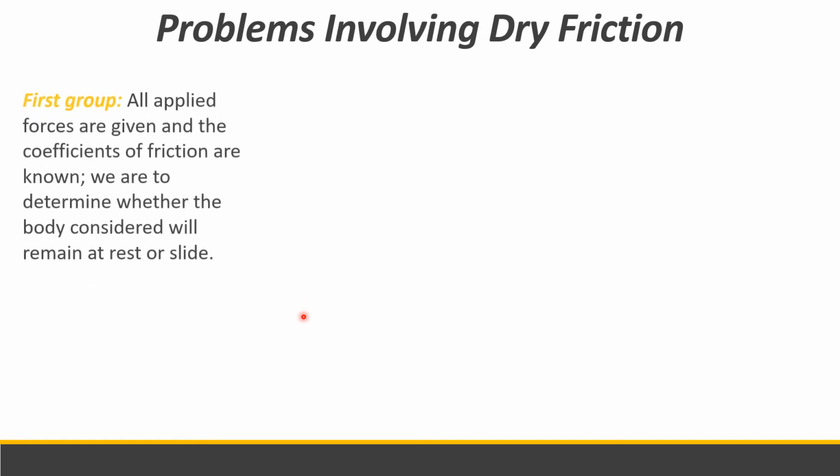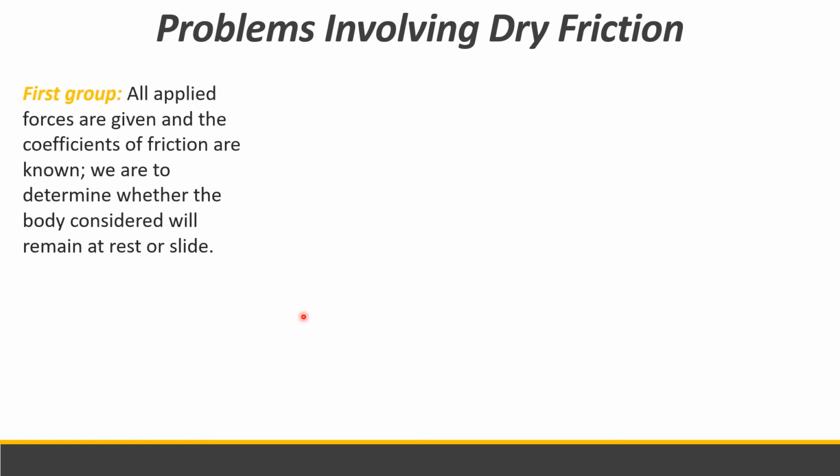Okay, so for problems involving dry friction, we have three groups or three types of problems. First group is where all applied forces are given and the coefficients of friction are known. So we are to determine whether the body considered will remain at rest or slide.